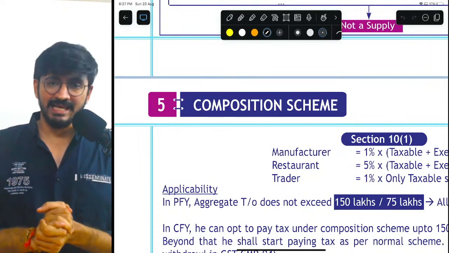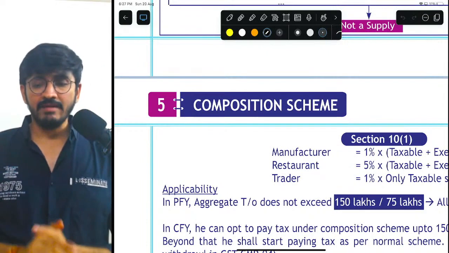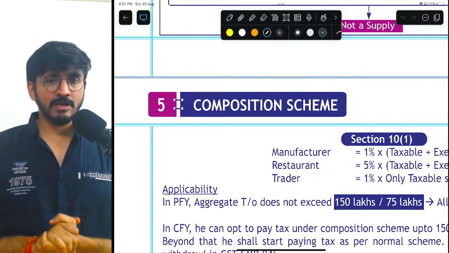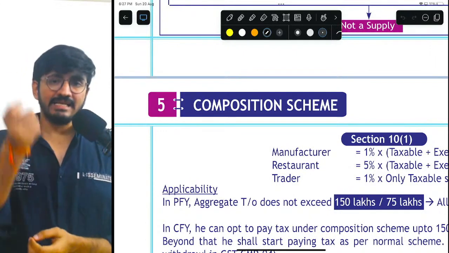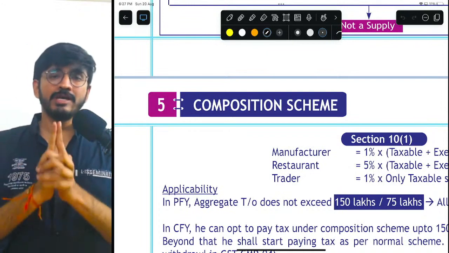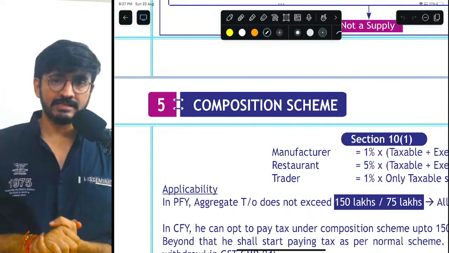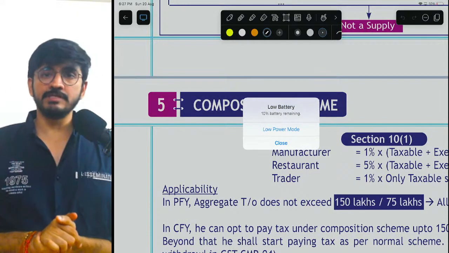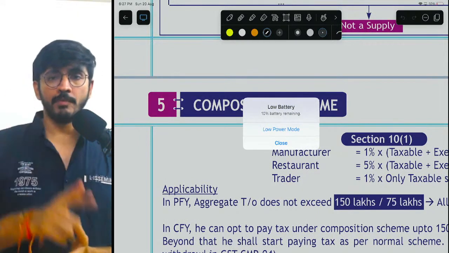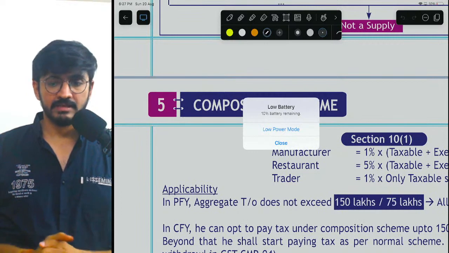Yes or no, guys? Yes, absolutely correct. And we are yet again back at 6:30 p.m. to make sure that you all get all the concepts of GST bang on point. Did you get it, guys?